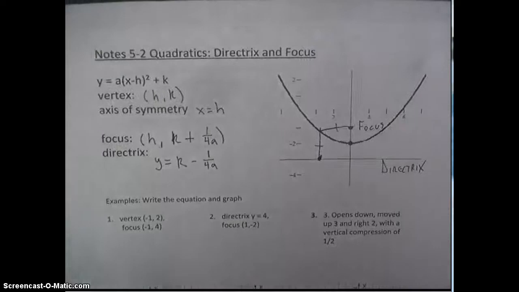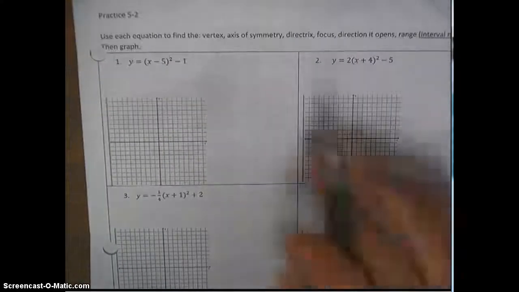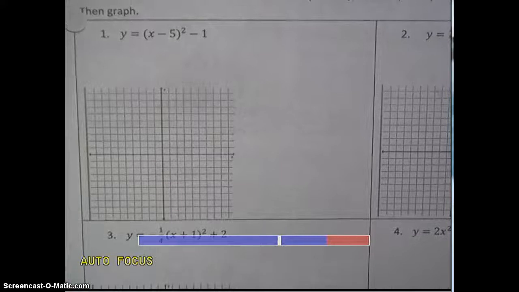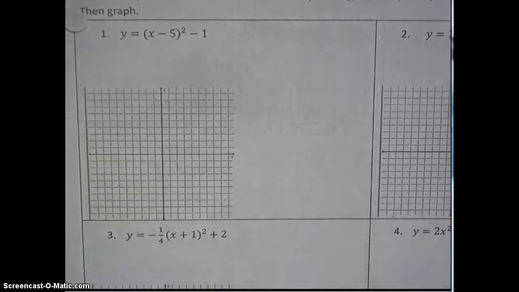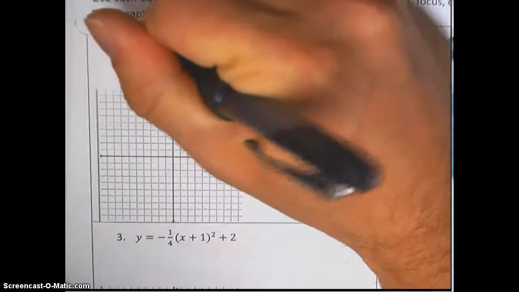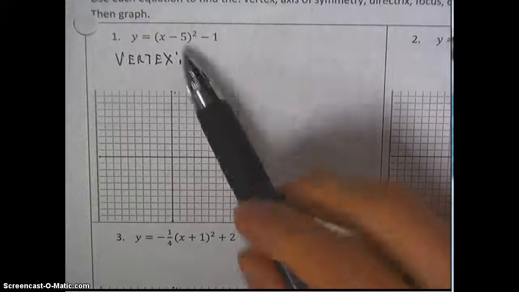So I wanted to show you a couple of these. So let's say we've got an equation that's in vertex form, like this one. And the first thing I want to do is say what the vertex is. Well, that's just from the equation.